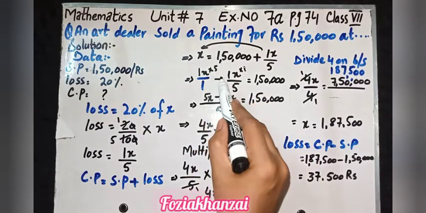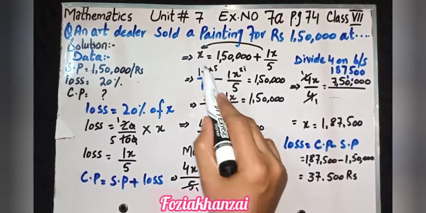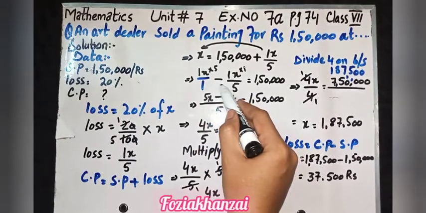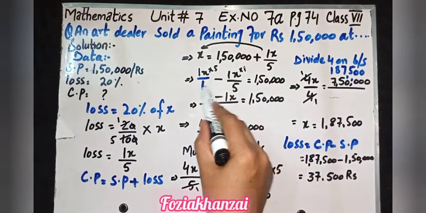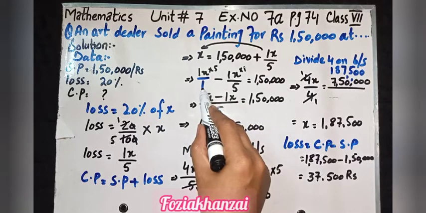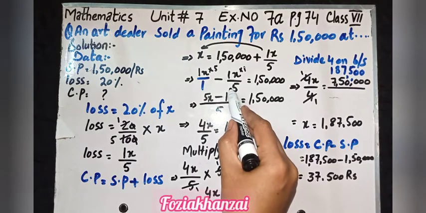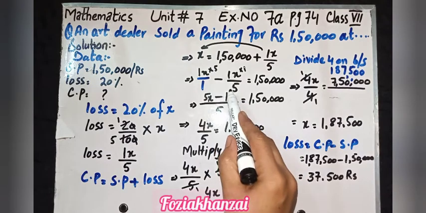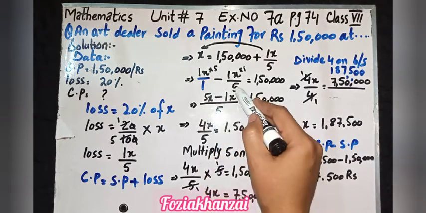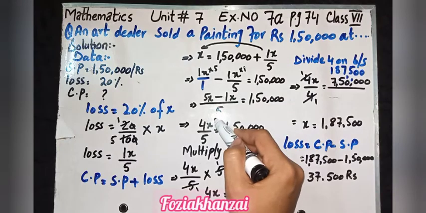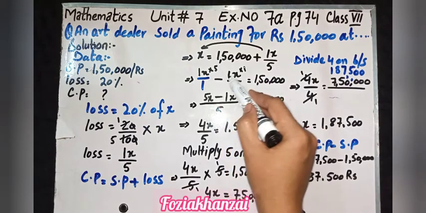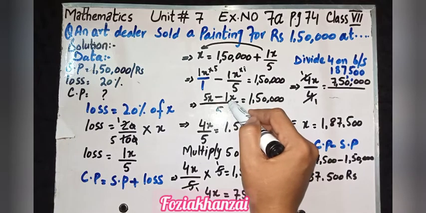Remember, when we have a minus or plus sign, which method do we apply? Yes, we take out the LCM of the denominators. The LCM of 1 and 5 is 5. Now 5 divided by 5 is 1, and 1 multiplied by 1 gives 1x.